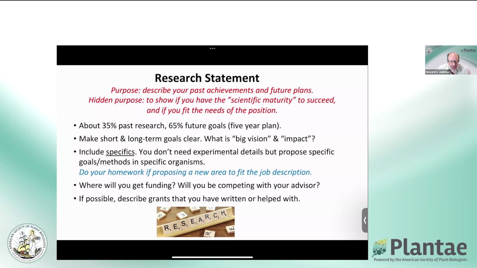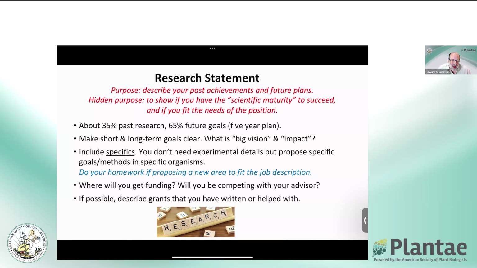And when you do this, you want to include specifics. You don't have to go through all the detailed experimental ideas that will be in a traditional grant application, but you want to propose specific goals and methods and specific organisms. Sometimes I've seen applications where people are sort of vague.